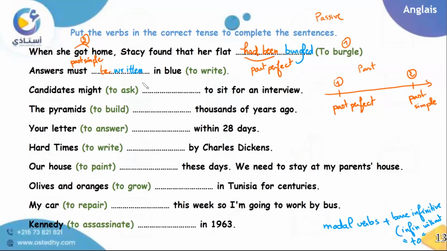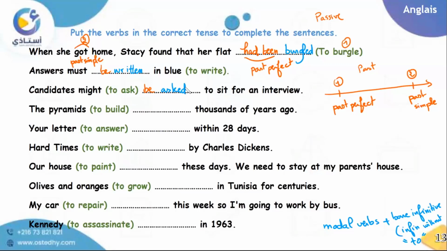So might be would stay as it is, be. We wouldn't put to be. We said modal plus bare infinitive, which means infinitive without to. So be plus the past participle of the initial verb, ask, which is asked. Might be asked to sit for an interview.